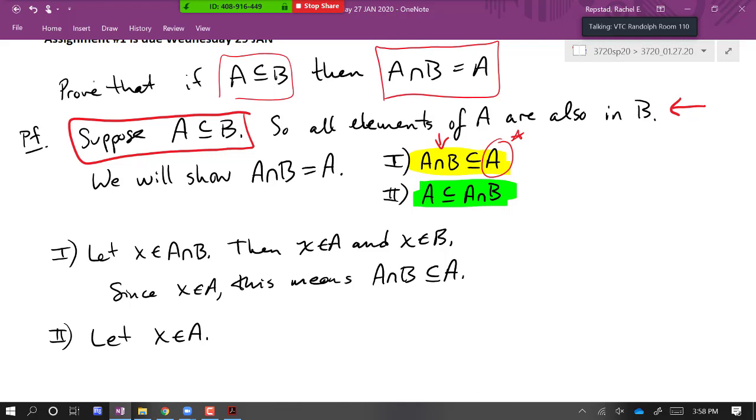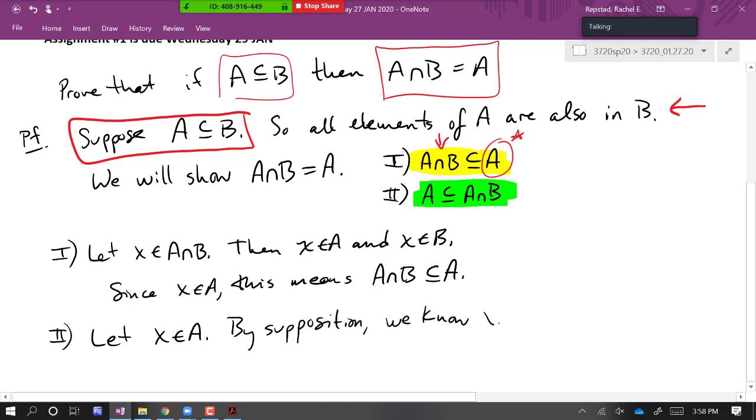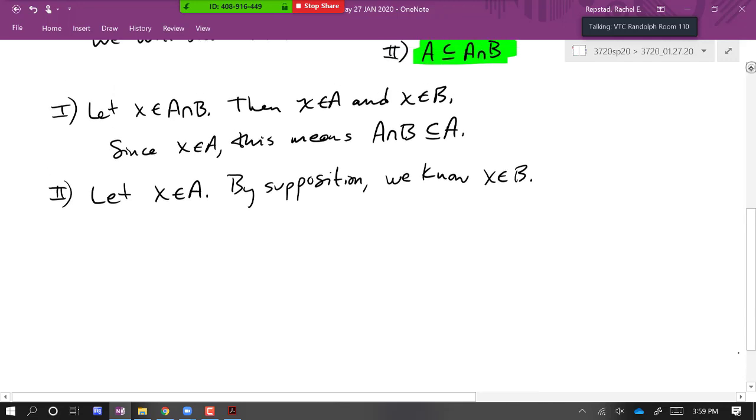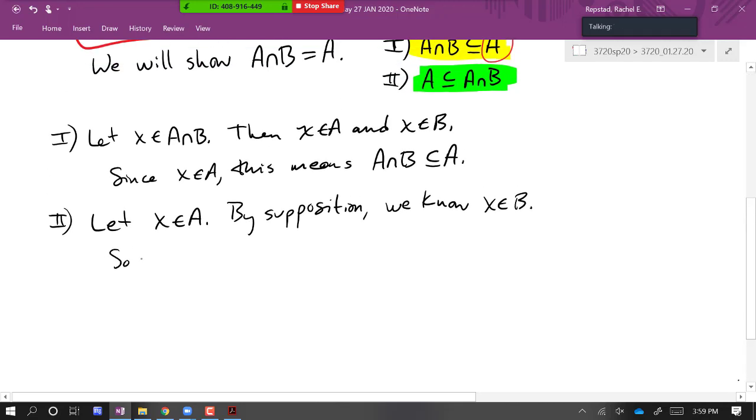The first thing, the if statement that we assumed was true in the beginning, was we suppose A is a subset of B. So by supposition, we know that X is also in B. We have X in A, we also have it in B, so it's got to be in the intersection. So A is contained in A intersect B.